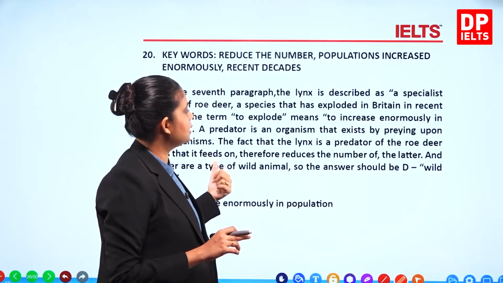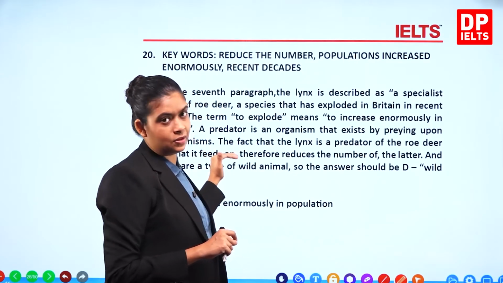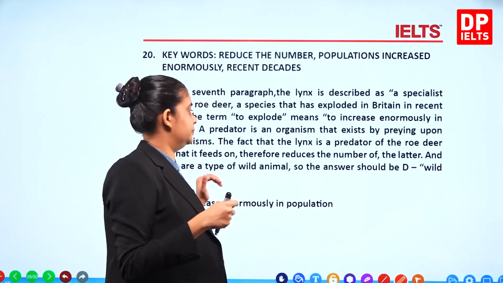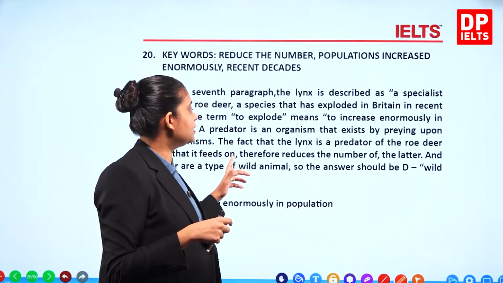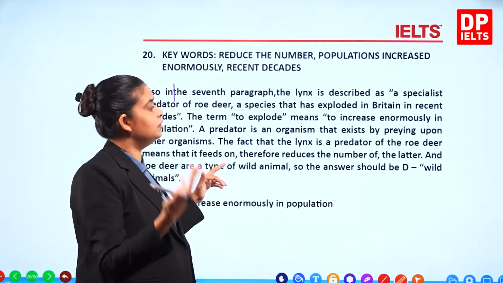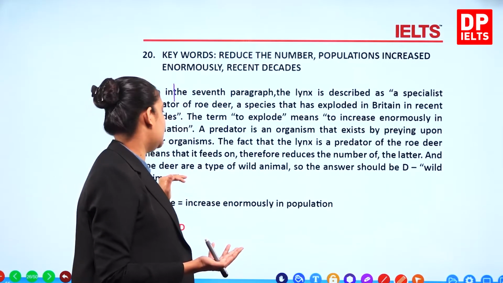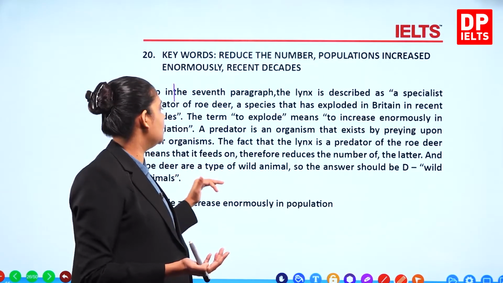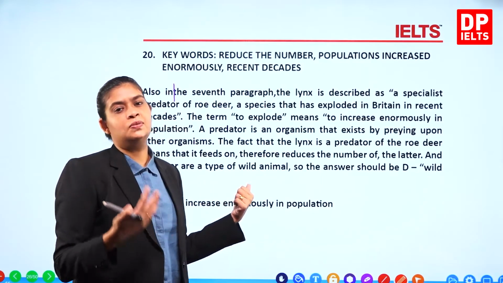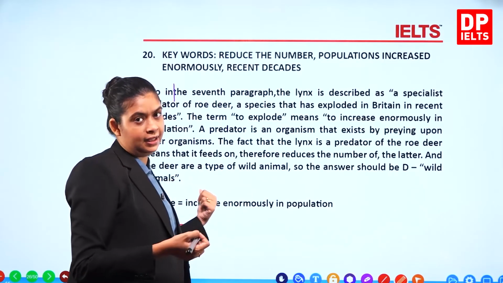A predator is an organism that exists by preying upon other organisms. So they kind of survive by eating some other animal. The fact that a lynx is a predator of the roe deer means that it feeds on that specific animal. Therefore, reduces the number of the latter, and the roe deer are a type of wild animal, right? So, therefore, they feed on these roe deer, which is kind of a wild animal, and the answer should be D.